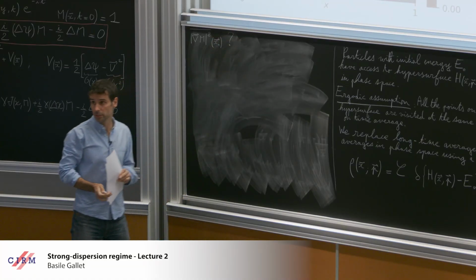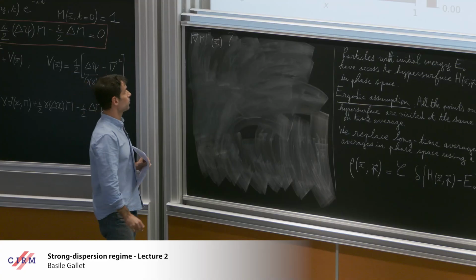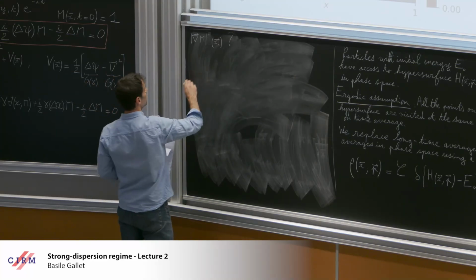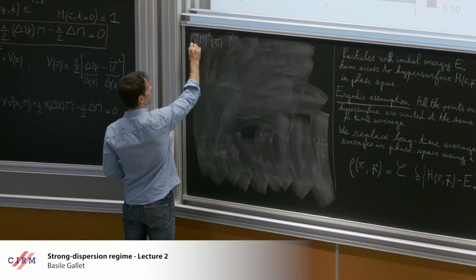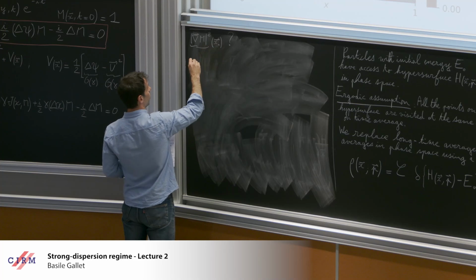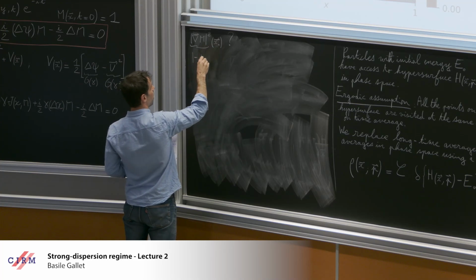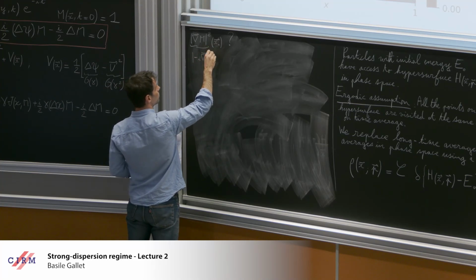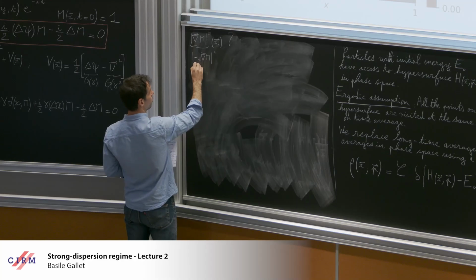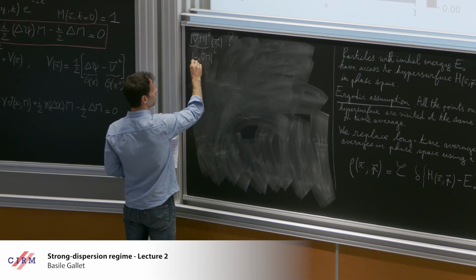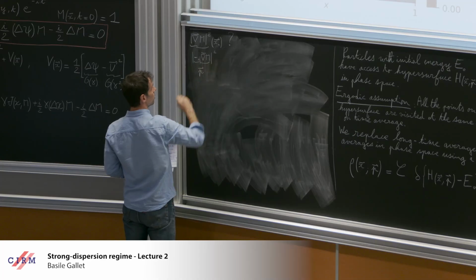I want to compute that quantity. You remember from the quantum analogy, this is also minus i grad m squared, and minus i grad m is the momentum. So this thing here is just p squared.